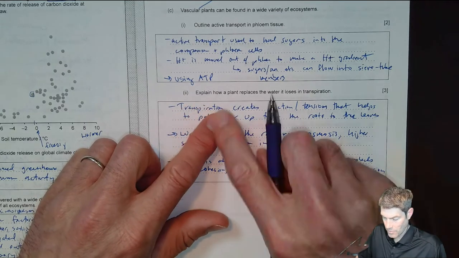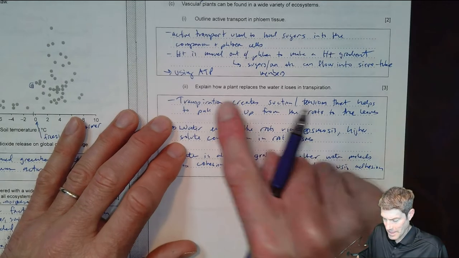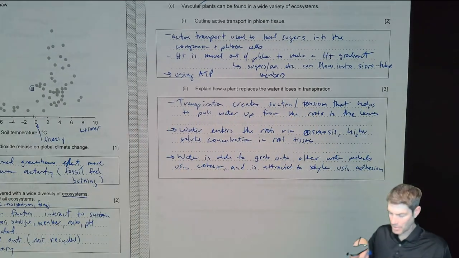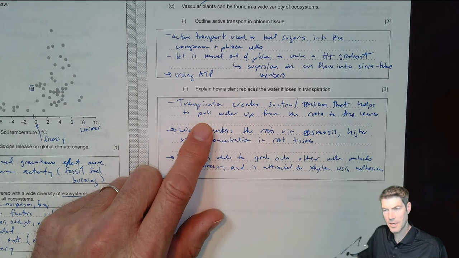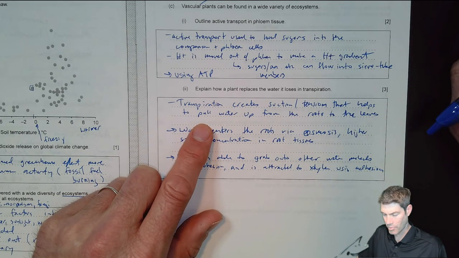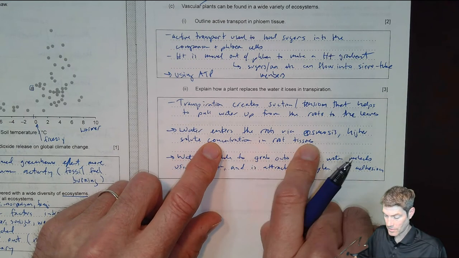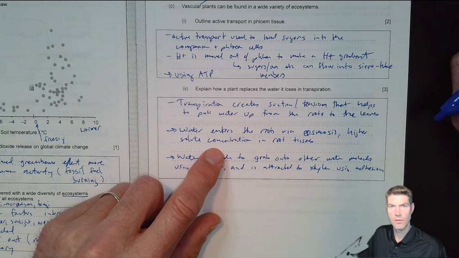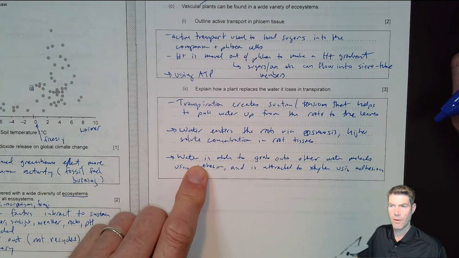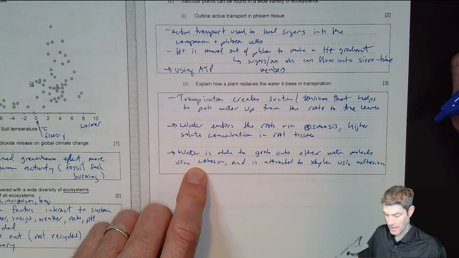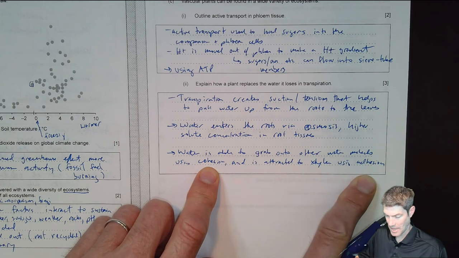And how does it replace water it loses in transpiration? Yeah, these are questions on paper too. Creates that suction tension in the water column in the plants. Xylem tissues, that helps it kind of give a pull because of the cohesive and adhesive properties of water, primarily cohesive. In that case, water enters the roots via osmosis because there's a higher solute concentration in the root tissue, and water can kind of grab onto itself and other water molecules using the cohesion, and then it sticks to the xylem using adhesion.